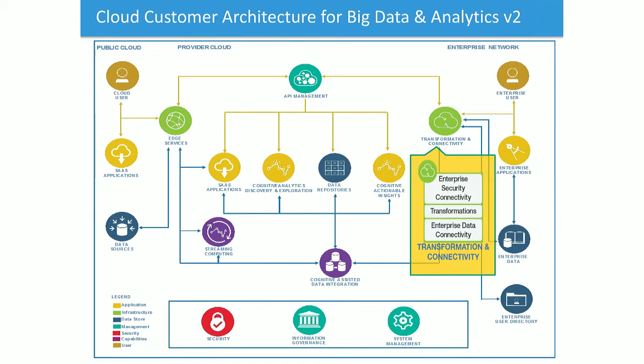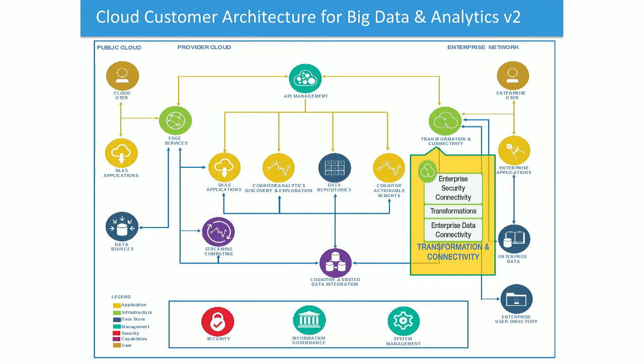Now move forward. Let's take a look at the transformation and connectivity. So again, this is very critical. This provides the secure connections to enterprise systems with the ability to filter, aggregate, modify, or reformat the data as needed. Okay, so the data transformation is often required when data doesn't fit the enterprise applications.